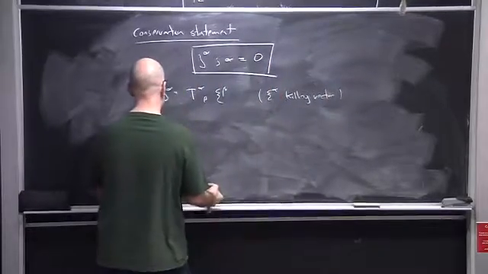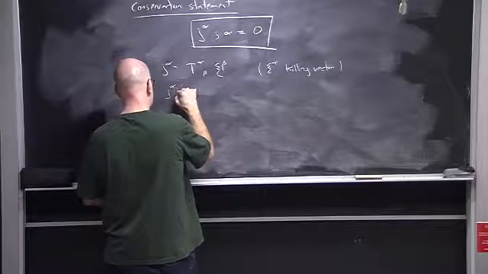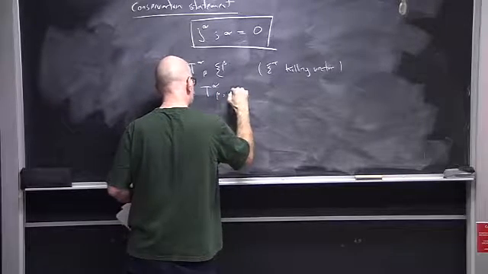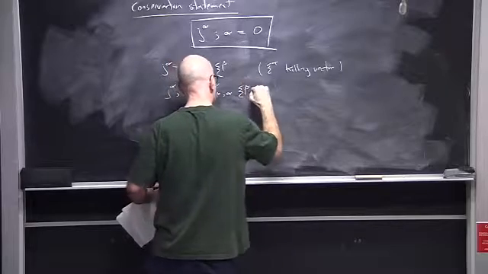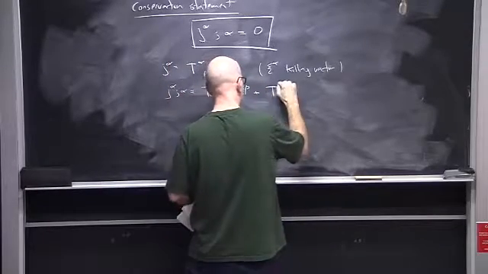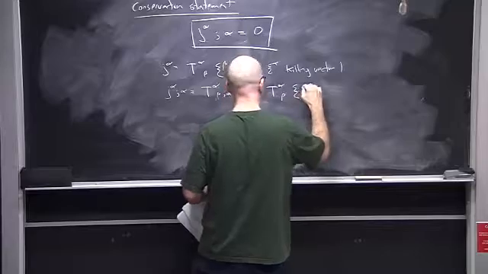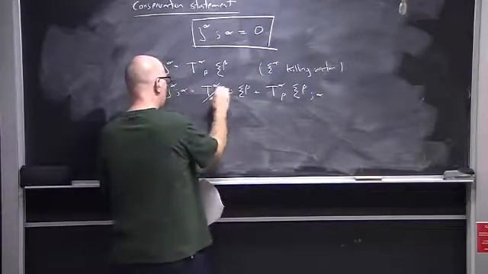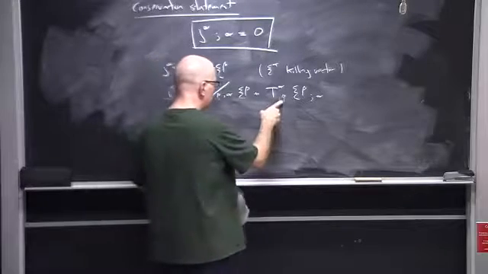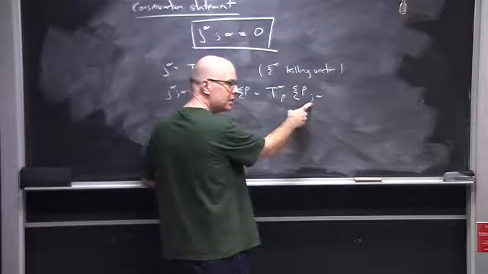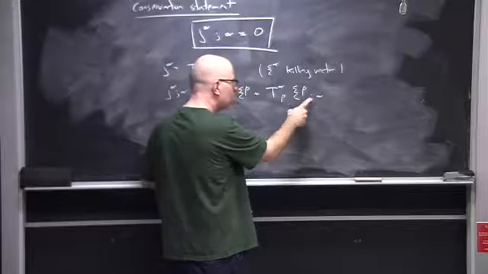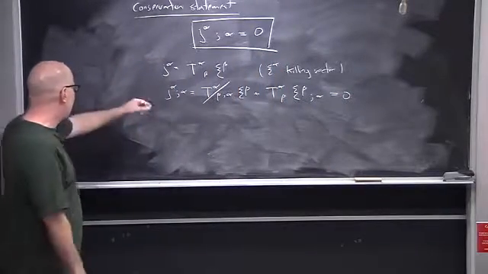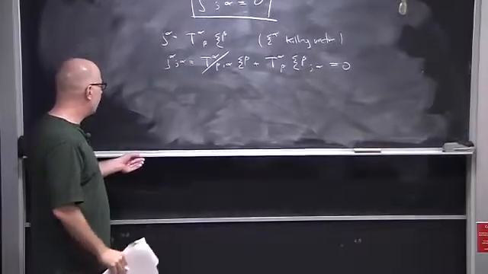You can check that the divergence of J is equal to the divergence of T, which is 0, plus T times the divergence of the Killing vector. This is 0 by energy momentum conservation. T is symmetric, and this is antisymmetric because we have a Killing vector. So this is 0. In both cases, we have a conserved vector like this.